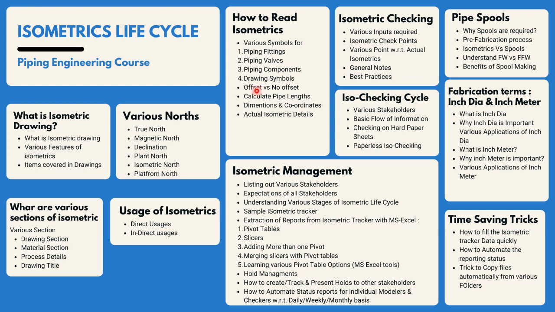Then we'll look into offsets, what kinds of offsets there are, if there is an offset how we calculate the pipe length, and if there is no offset then how we calculate the pipe length. Although these things are generally done by 3D software, still during the checking phase we need to understand them. Sometimes we need to cross-check a few things, so based on that we'll look into a few calculations also.